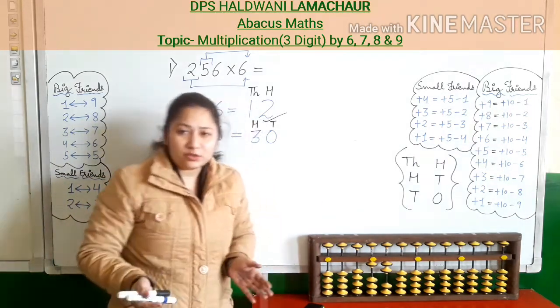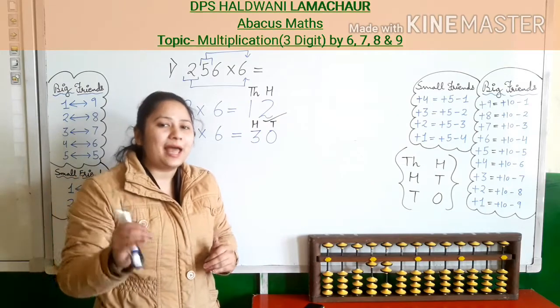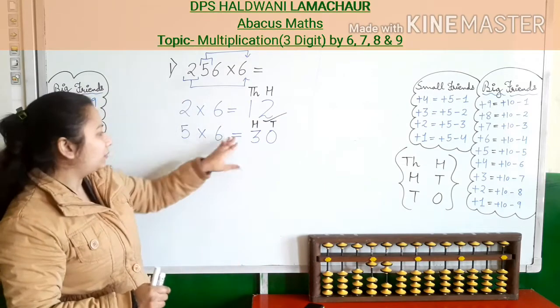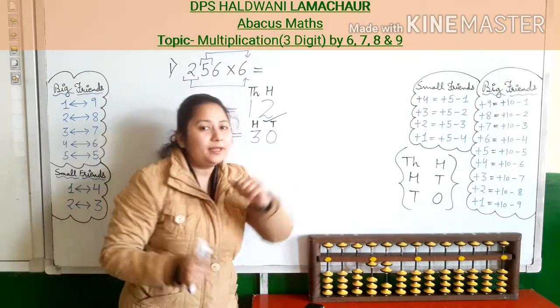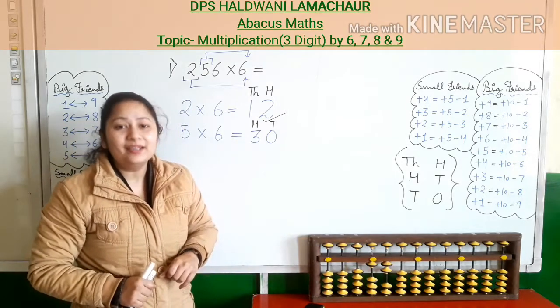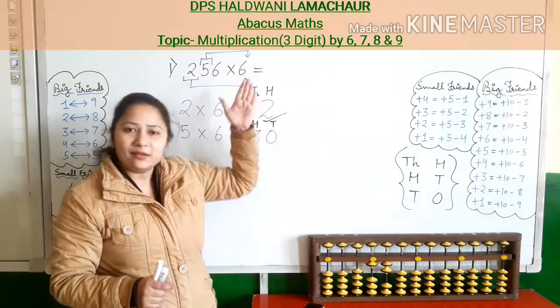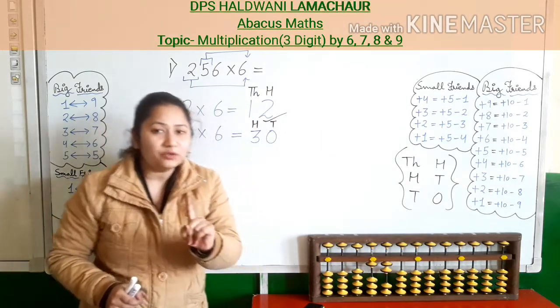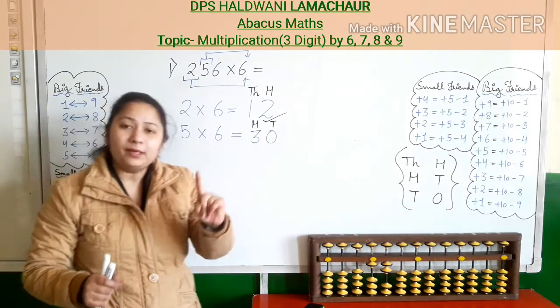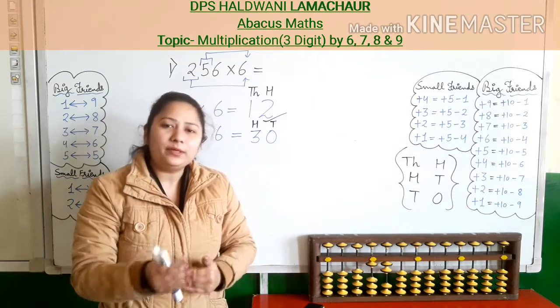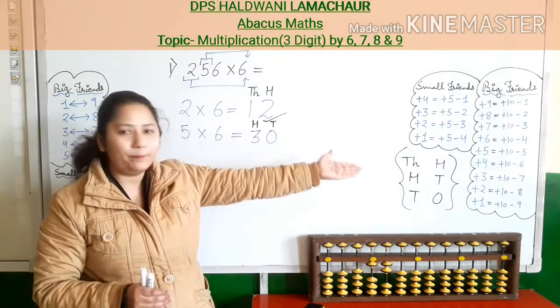Now I have always told you that whenever you get a lack of beads, meaning you have to add a number but the bead is not there, so what will you do? You will take the help of small friends. Yes, first of all you will take the help of small friends. But if you can't apply small friends, then you take the help of big friends.